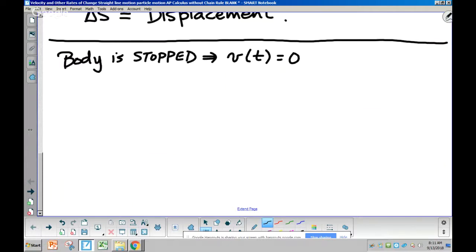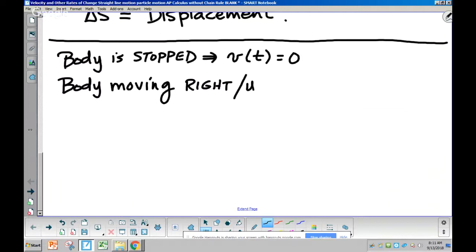Now for convention, in this class, in our motion, if our body is moving right or up, we're going to have the velocity be positive.